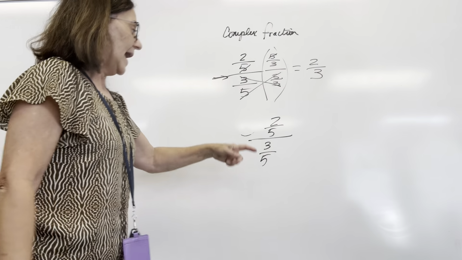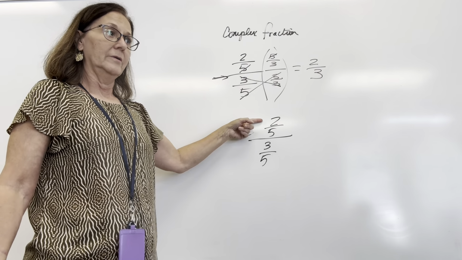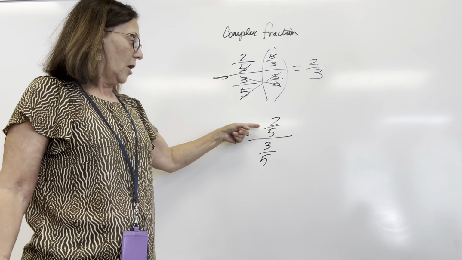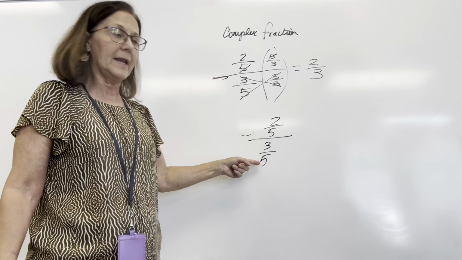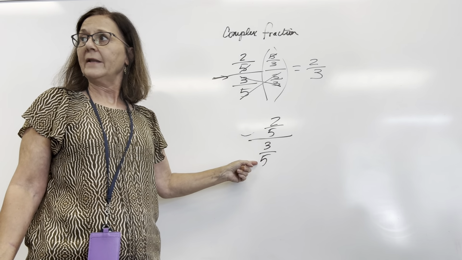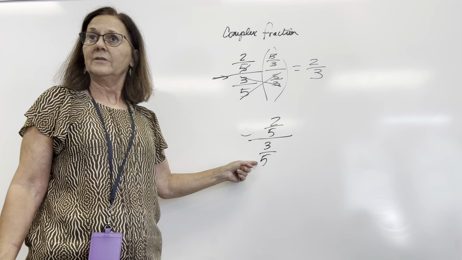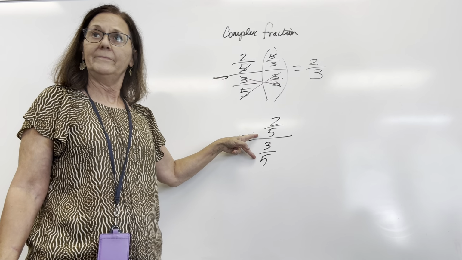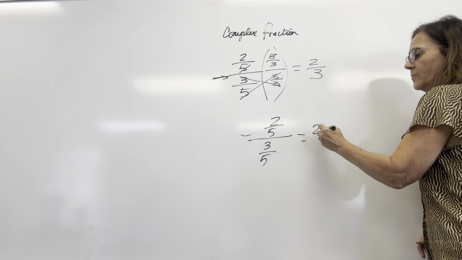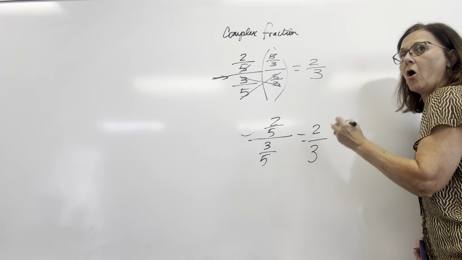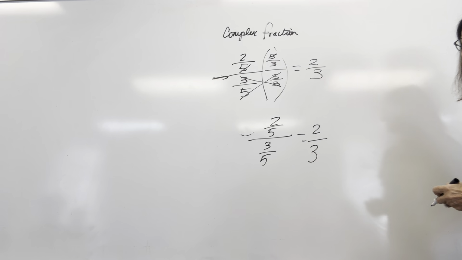When you have a numerator over a denominator that is the same denominator in the denominator, you see the denominators are the same? The answer is always numerator over numerator. Always.